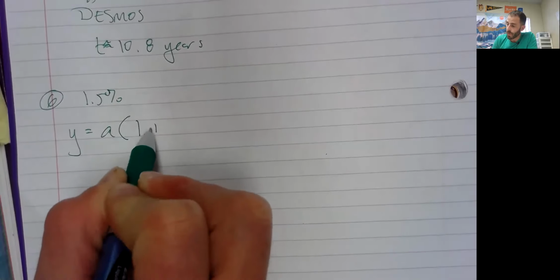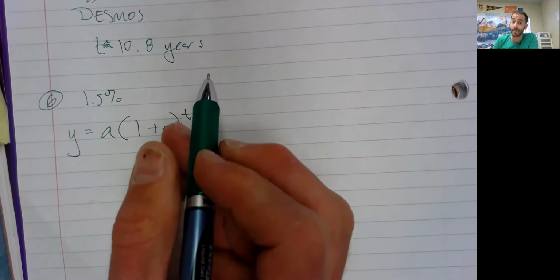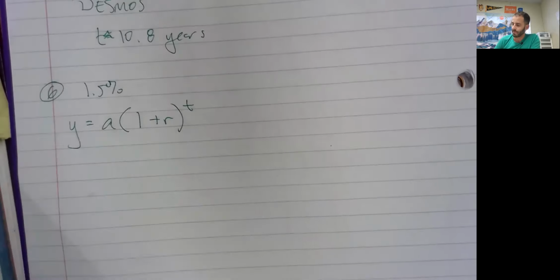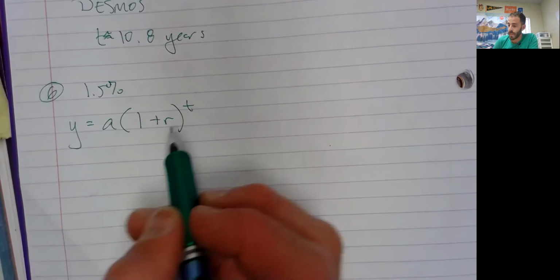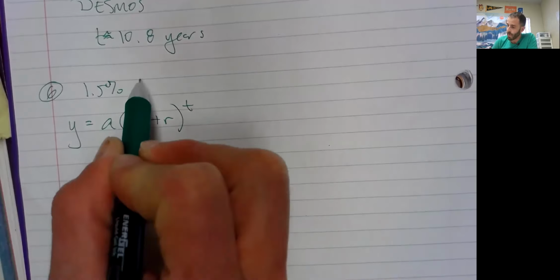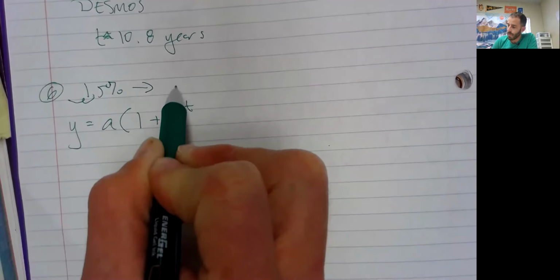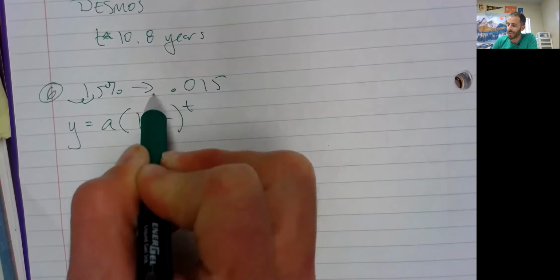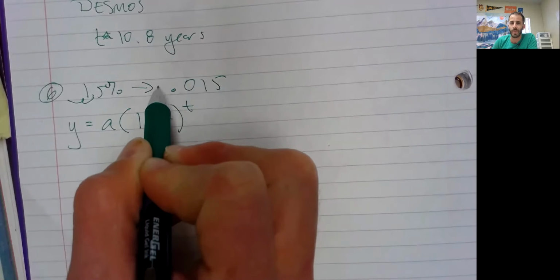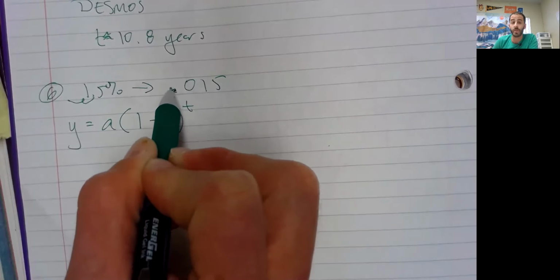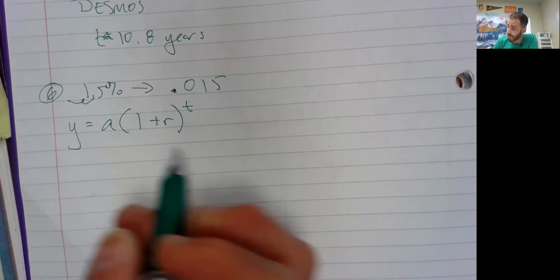So we know this is growth, it has a plus sign. If it was decay, it has a minus sign. Now the rate has to be a decimal. So it can't be 1.5%, it has to be 0.015. I try not to write the 0 in front, it just gets me confused. If it doesn't get you confused, go ahead and write it.